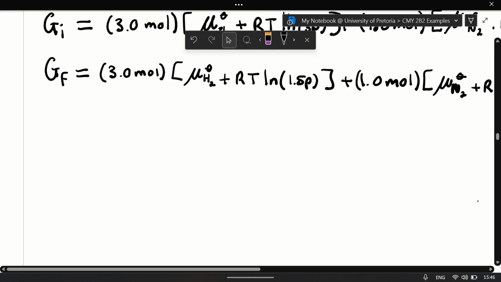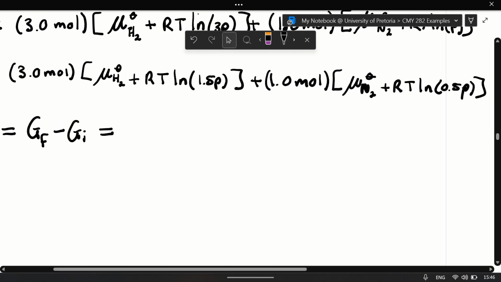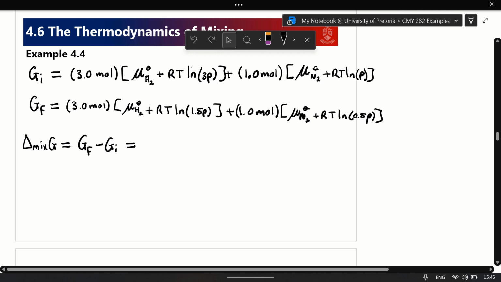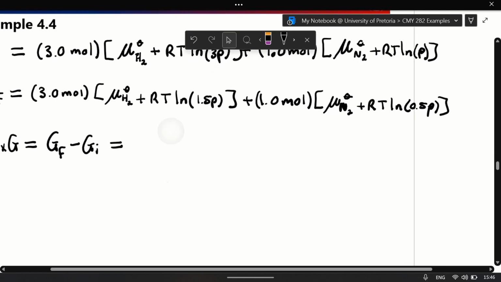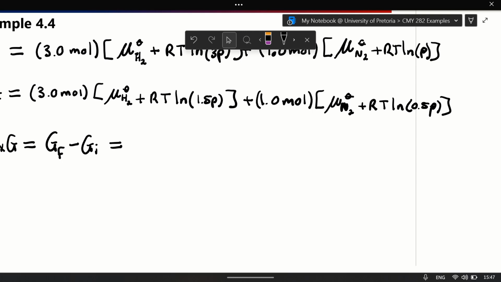So all we basically have to do now is the Gibbs energy of mixing is equal to, well, GF minus GI. So let's write everything out nice and explicitly. I'm going to drop the 3.0 mole, I'm just going to write 3 throughout, so it makes it a bit easier to see.